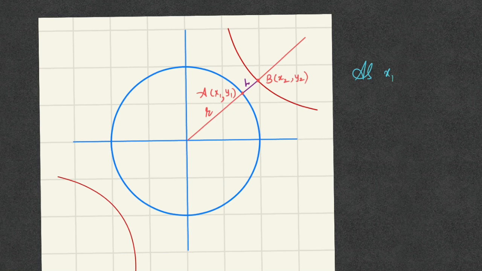As x1 belongs to 0 to 1 and we assume y1 as under root of 1 minus x square, we will only work on the first quadrant from 0 to 1. Although we have a circle, this is 0 and this is 1. From 0 to 1, these are the inputs and the curve will form from here to here. The curve is in under root, so the under root should be positive, so we will consider only this curve from here to here.